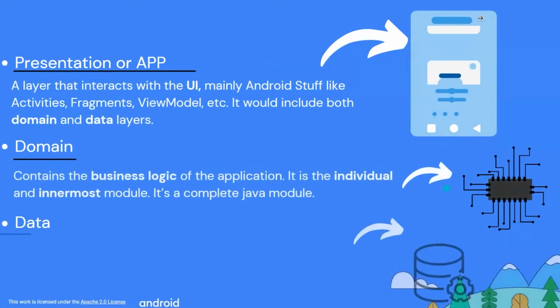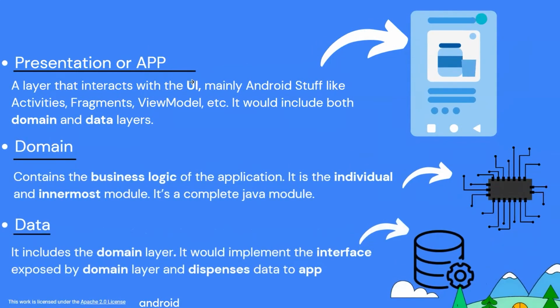In the presentation layer, we have the basic UI, right? As you have already learned about views, all the views and all the things that you can see on the screen are in the presentation or app layer. It also includes the fragments, the view models, and the activities.